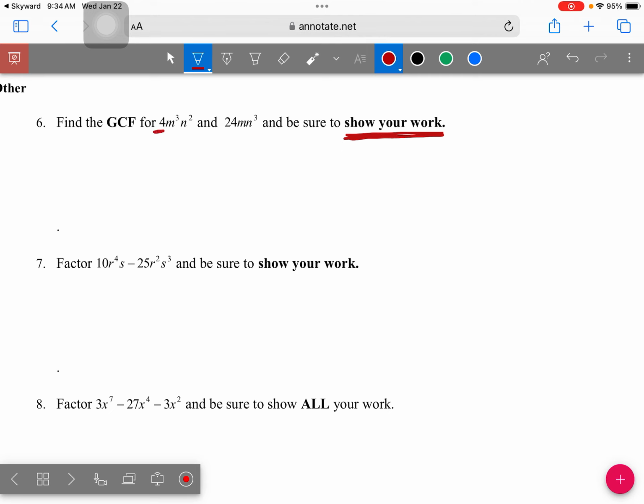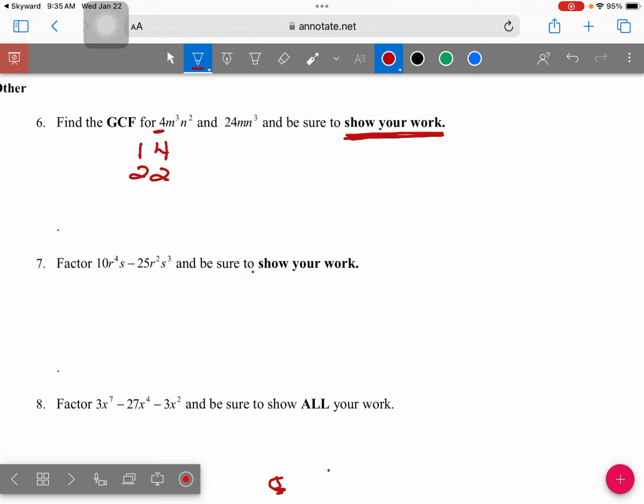First of all, I have a 4. I need to list all the factors of 4. So I've got 1 and 4. And what else? What are the other factors of 4? 1 and 4 and what? 2 and 2.